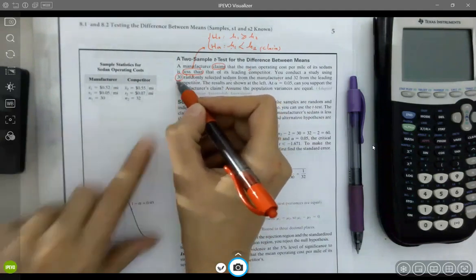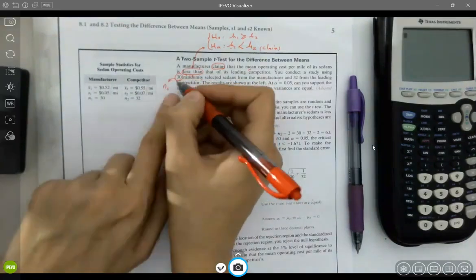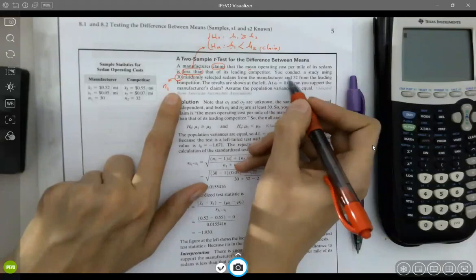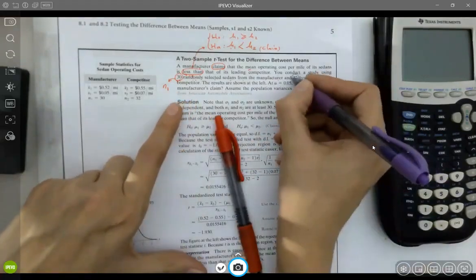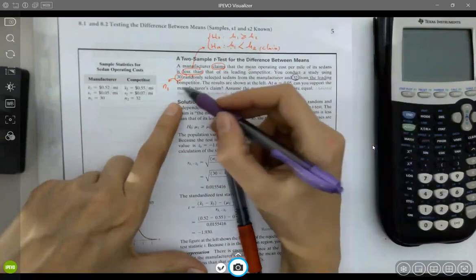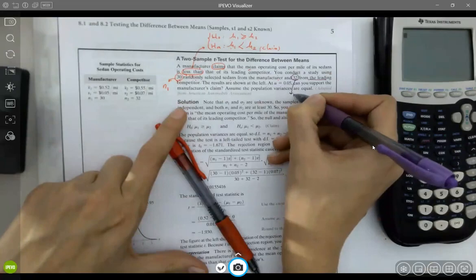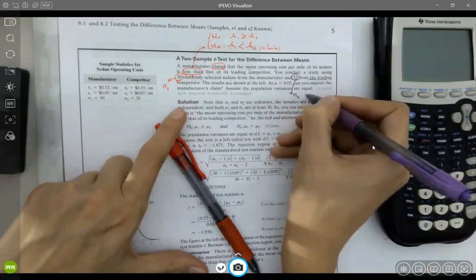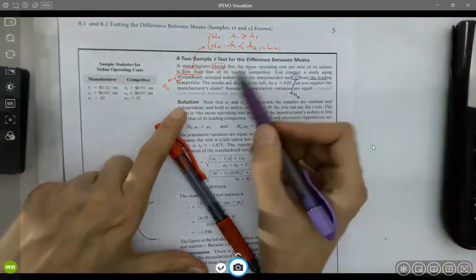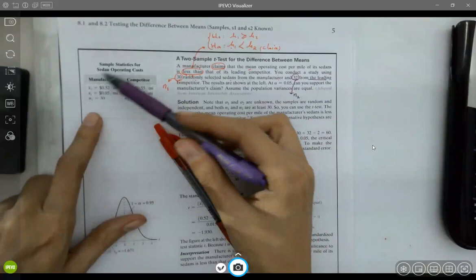So N1 is 30. And 32 from the leading competitor. So 32 is your N2, the second population sample size. The results are shown at the left.